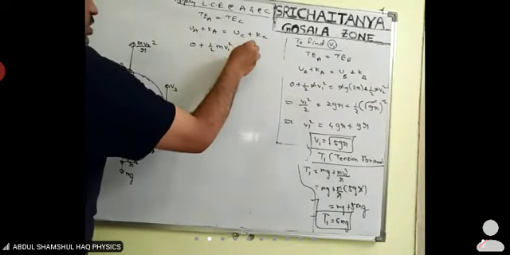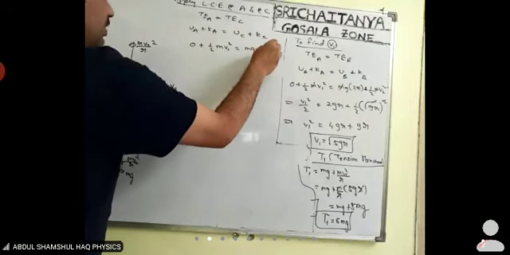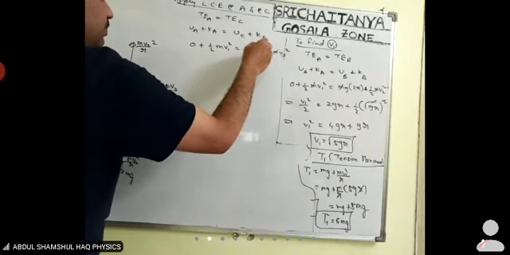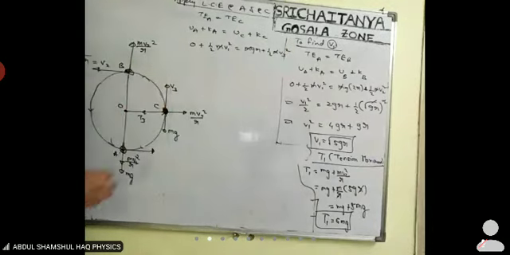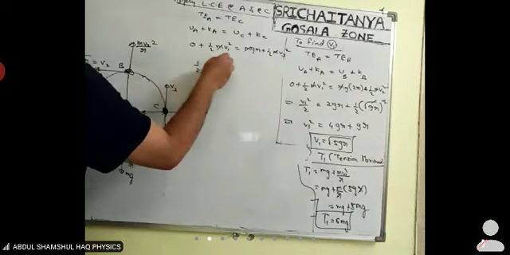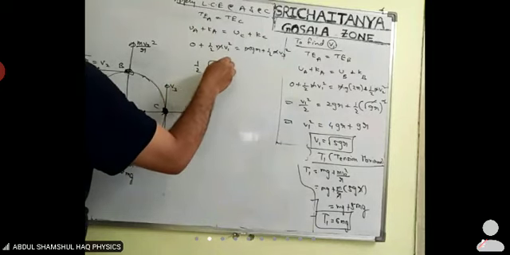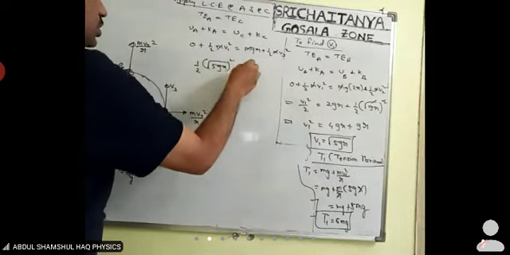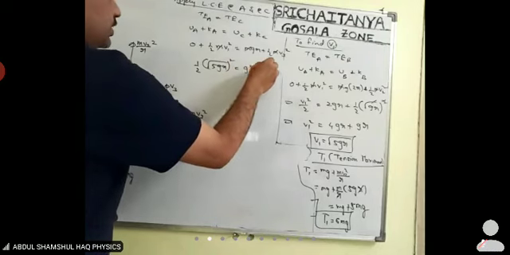This is mg into small r plus half of m into v3 square. Mass gets cancelled. So 1 by 2 into root 5 gr whole square is equal to gr plus v3 square by 2.